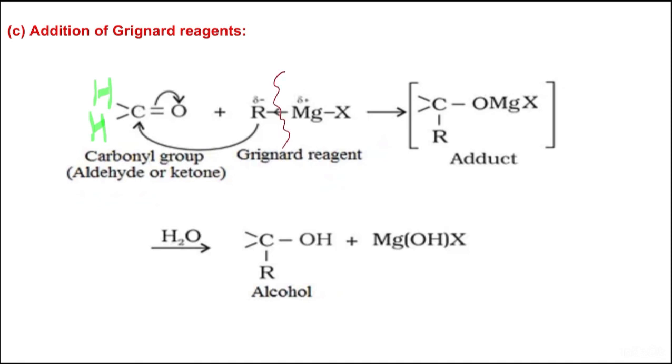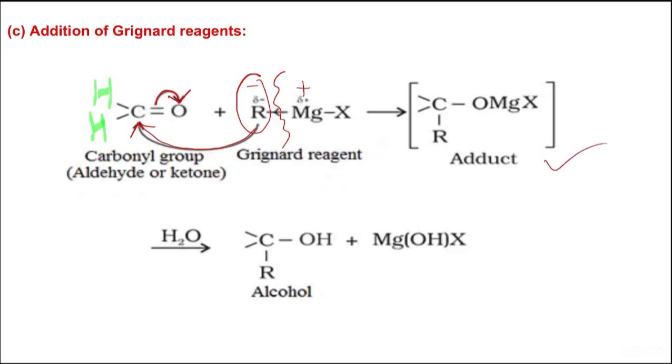The Grignard reagent dissociates like this. You have plus and you have minus here. So, this is the nucleophile, and you can see the nucleophile is attacking the carbon, simultaneously shifting here. When this happens, you get this adduct, this intermediate, right.